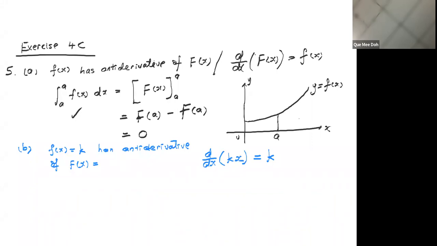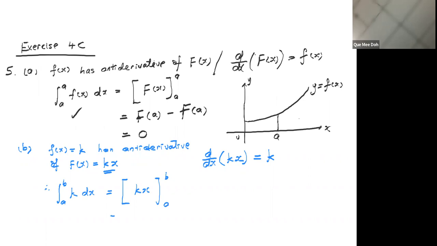So you see, you want to do this part, you must know your differentiation very well. So this will be kx, am I right? So I have to write this one down first. So therefore, when I integrate from a to b, k dx, I will put a square bracket, which is my F(x) here, kx, from a to b.